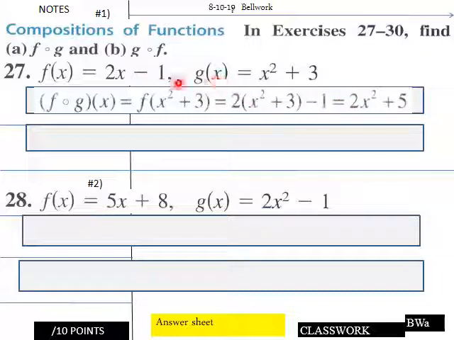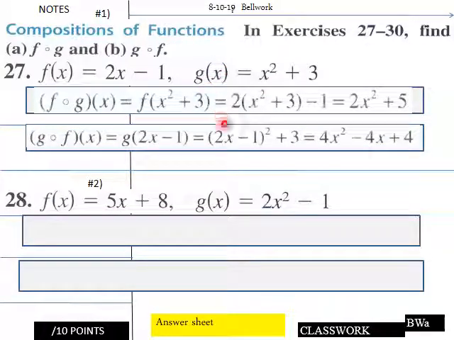And then g of f, now you would put this one into this function here, so that would be 2x minus 1 squared plus 3. Simplify that, expand this, and then add similar terms, and you get 4x squared minus 4x plus 4.